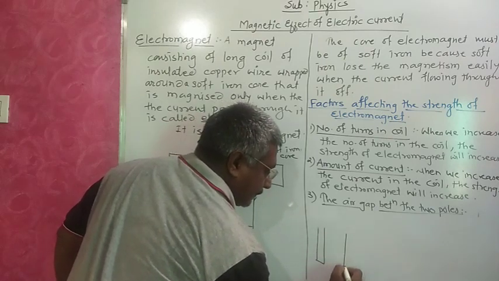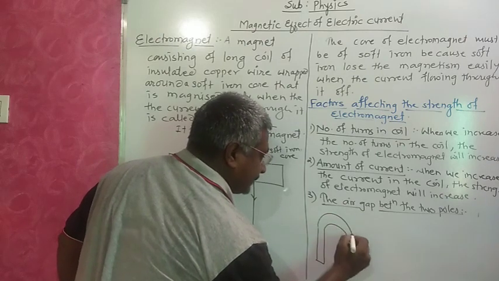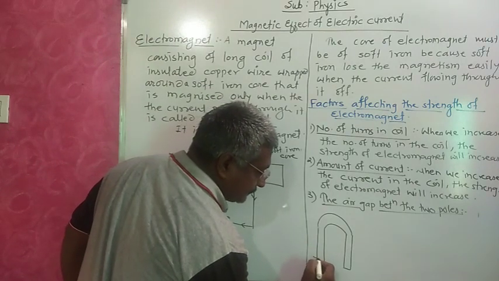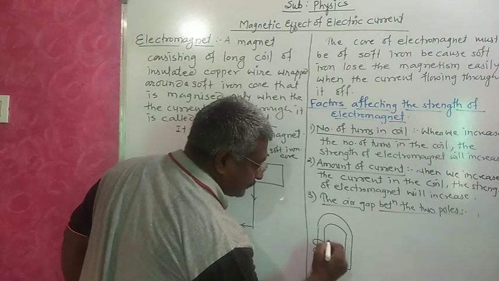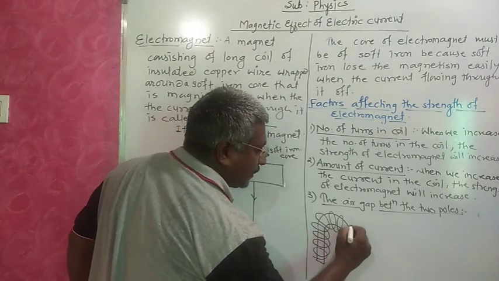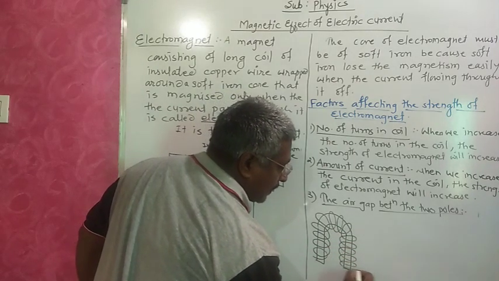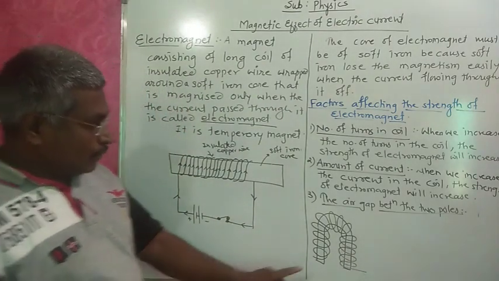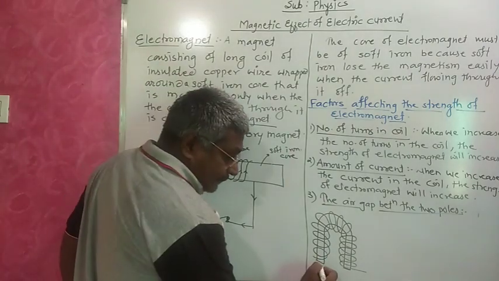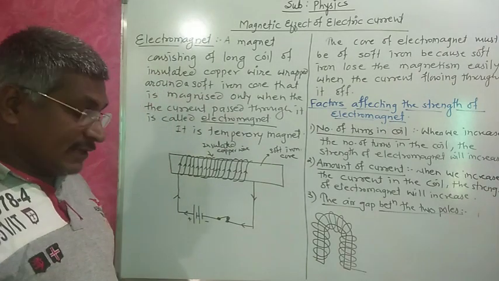Like a horseshoe magnet, it is like this, and the coil is wrapped around it in this way. So this is the electromagnet in this form. One terminal acts as one pole, and the other terminal acts as the other pole.